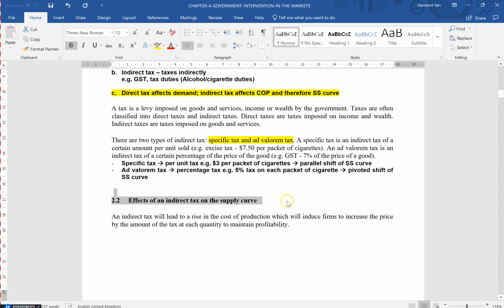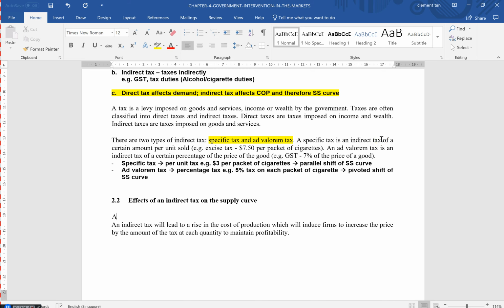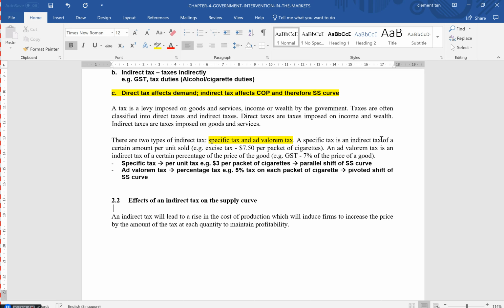So now we basically learn about the effects of an indirect tax. Now, indirect tax is not to help consumers or producers, but we put it here because it affects the market. It's usually more for market failure. So I just write it here. Usually, what's the purpose of indirect tax?